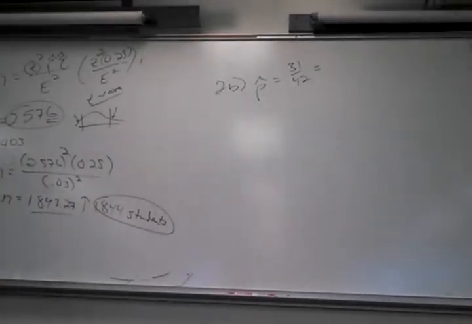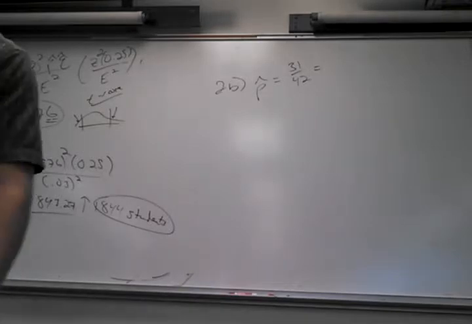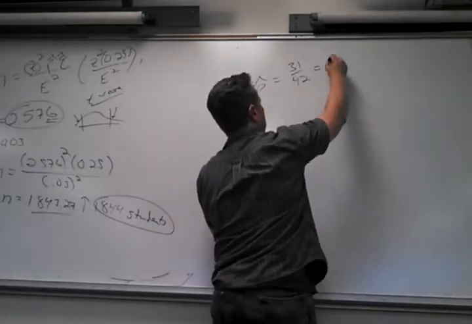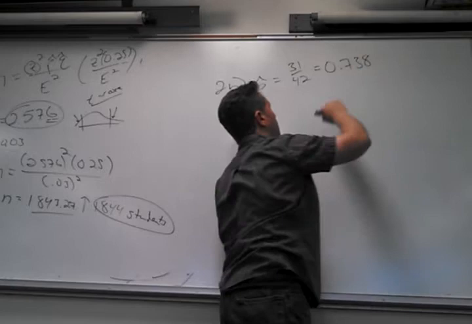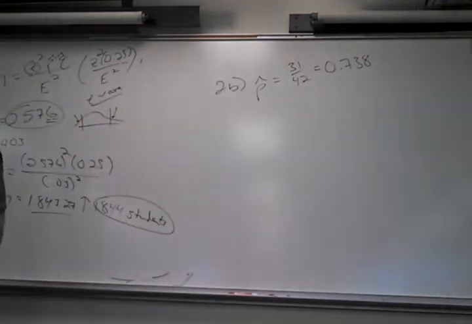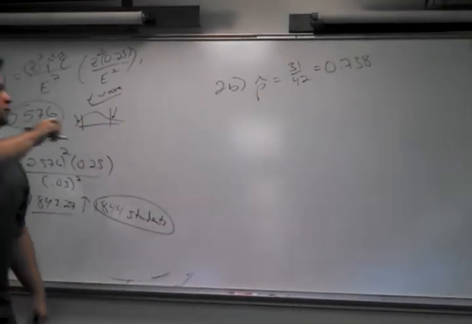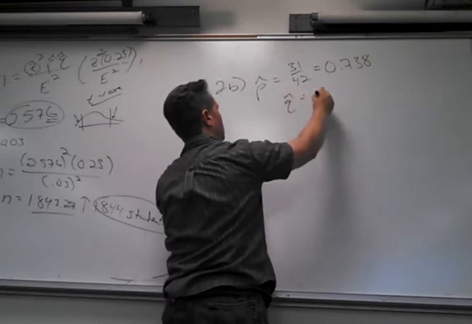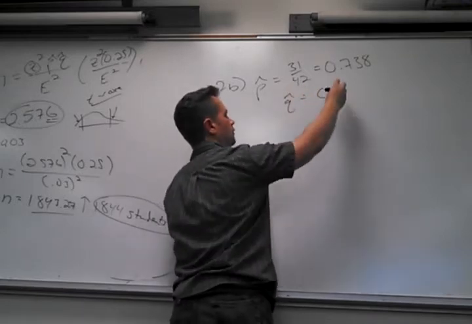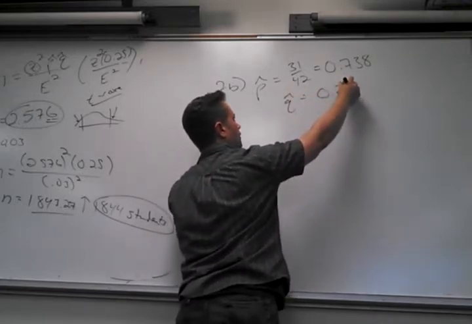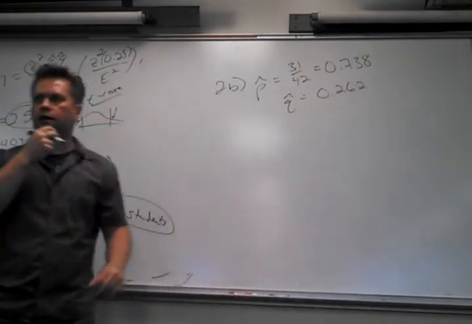And what's 31 divided by 42? 0.738? Okay, cool. All right, so then what's Q hat? I like it.